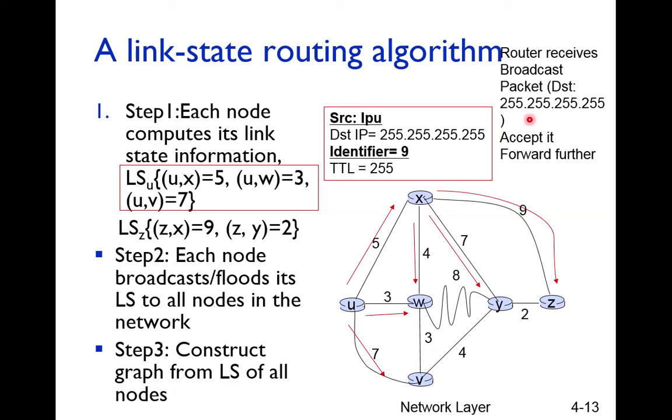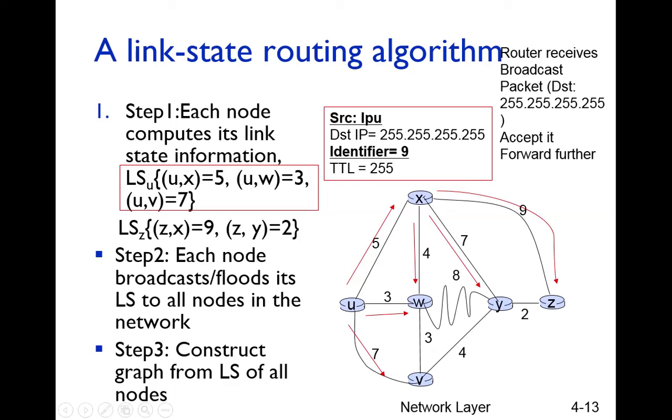Now because the address is 255, it accepted, and now it has to forward further, so it will forward to its neighbors. Its neighbors are Z, Y, and W, and U as well. It will not forward to U. Why? Because this message has arrived from U, so it will not forward it back again, because this information is already with U.